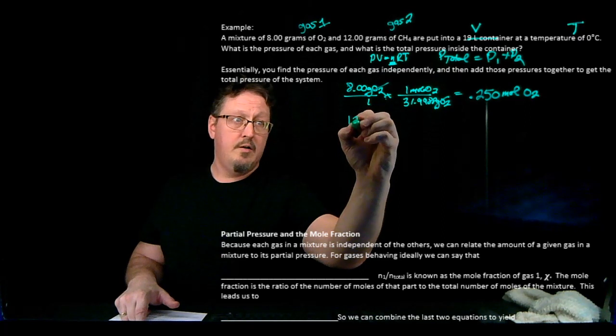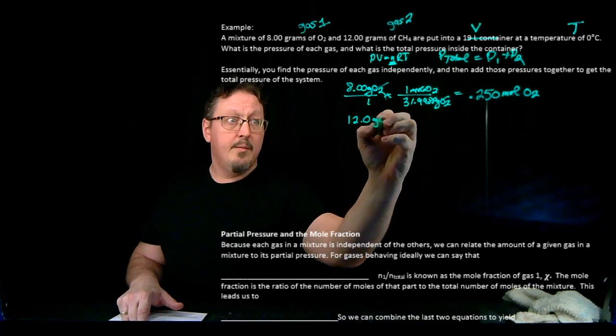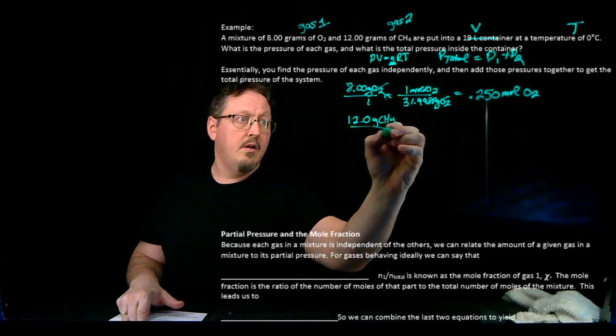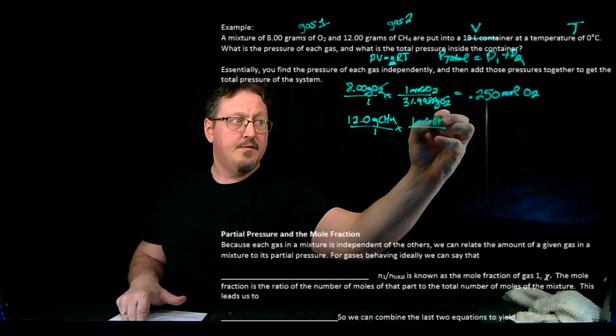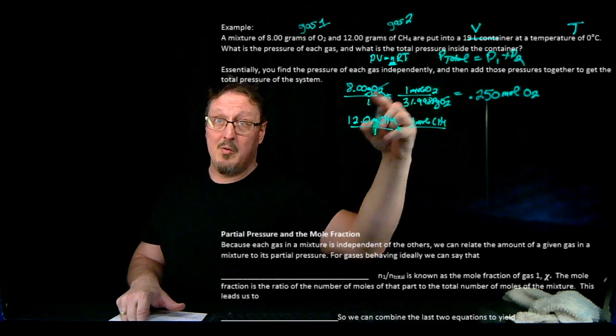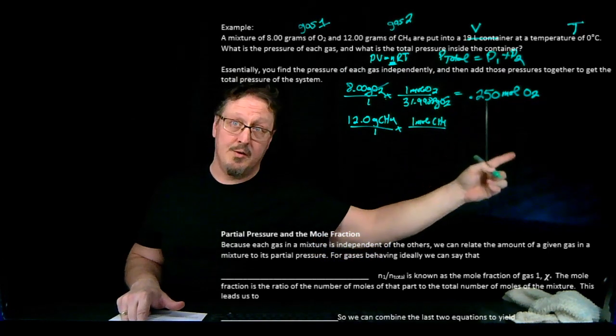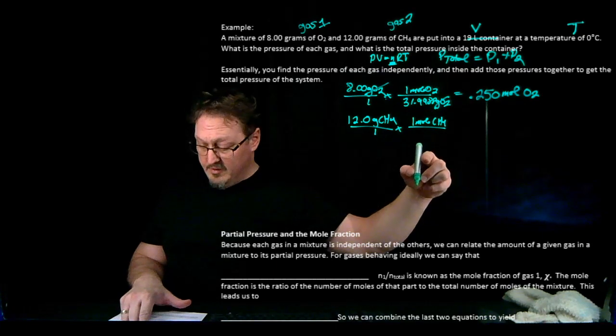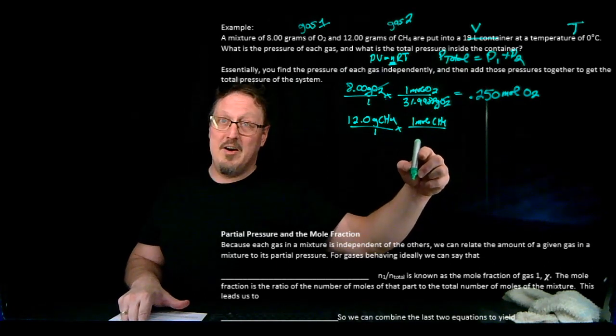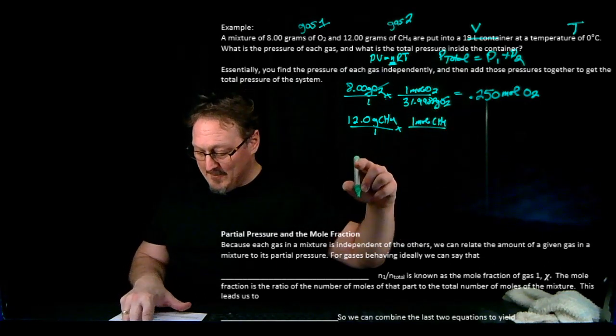We're going to take 12.0 grams of CH4 over 1. We know that 1 mole of CH4 has a mass. It's going to be 1 carbon, 12.0108, plus 4 hydrogens, which is 1.00695 each.